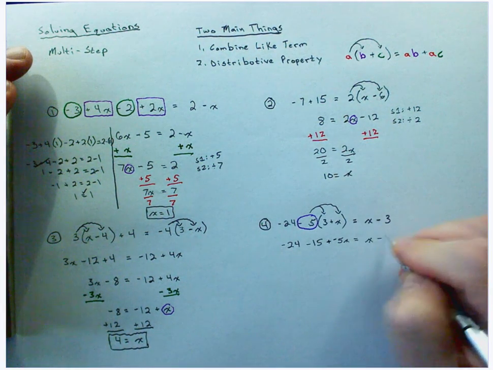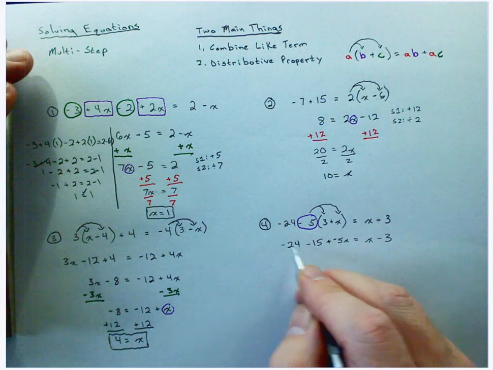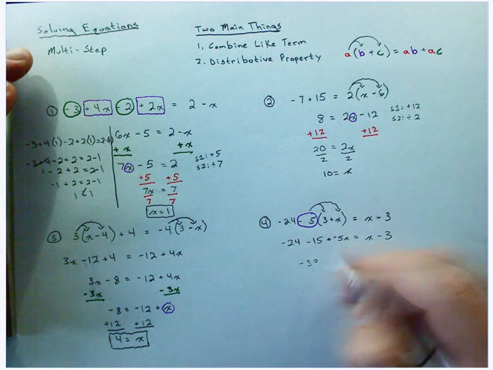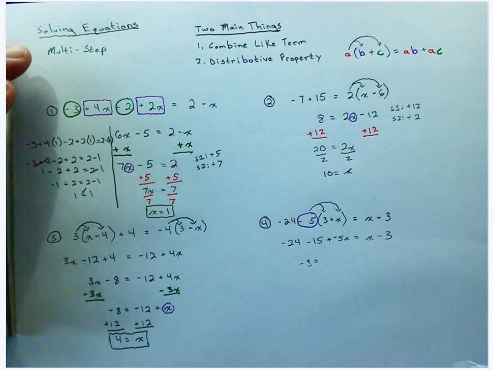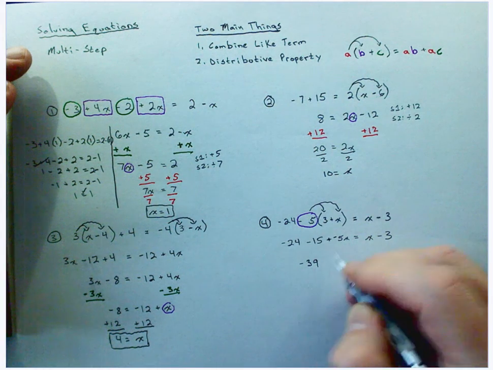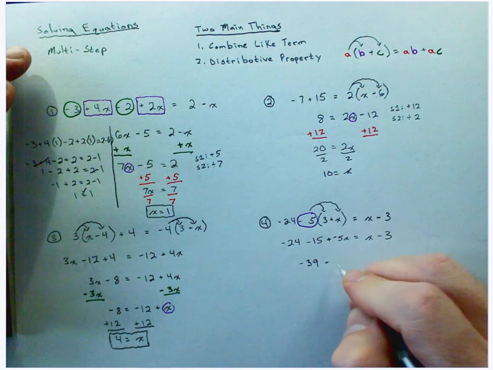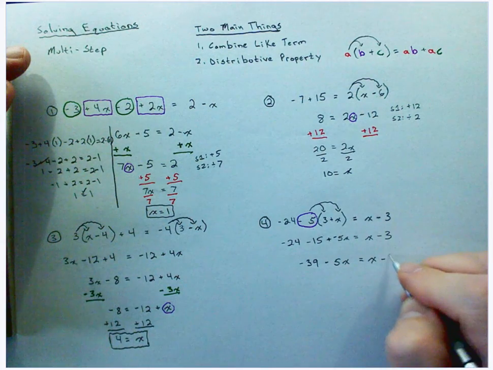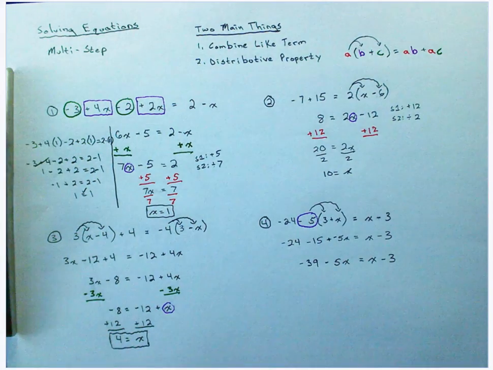Equals x minus 3. I need to combine these terms right here. It becomes a negative 39. And I'll write it like this: minus 5x equals x minus 3. I have x on both sides of the equation.